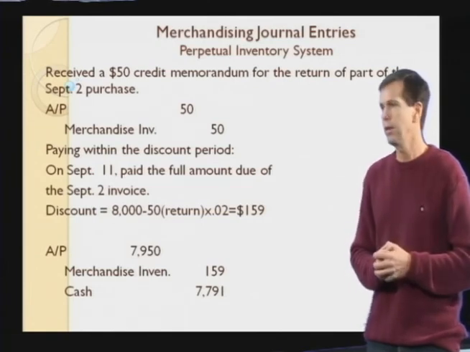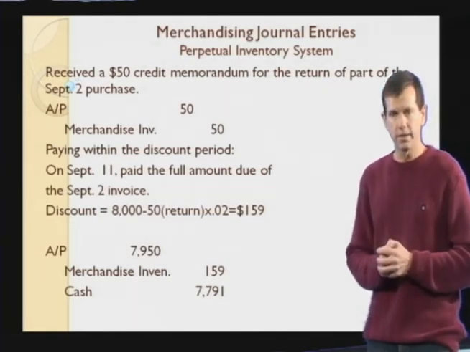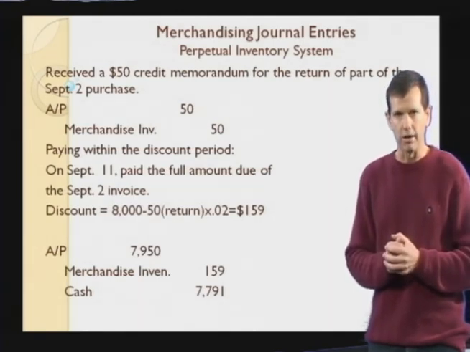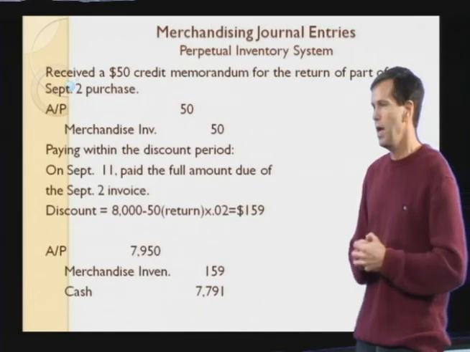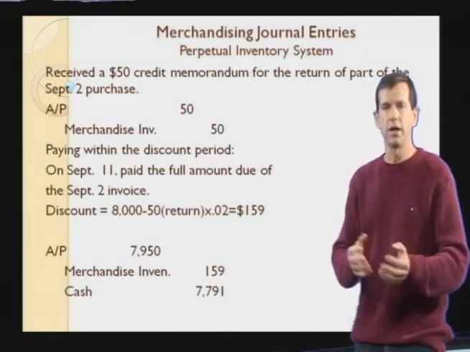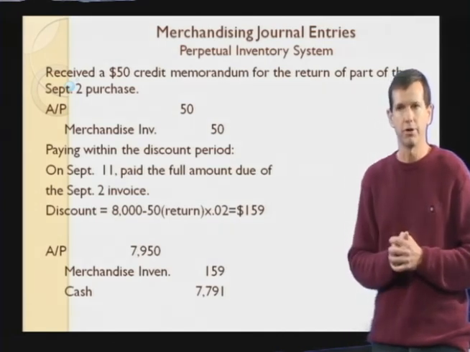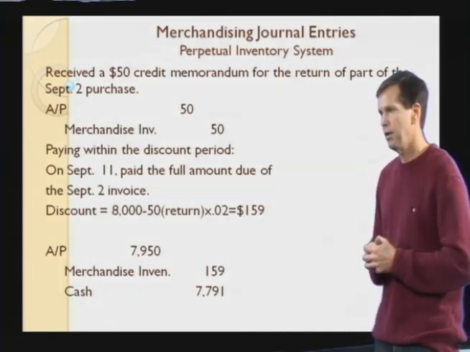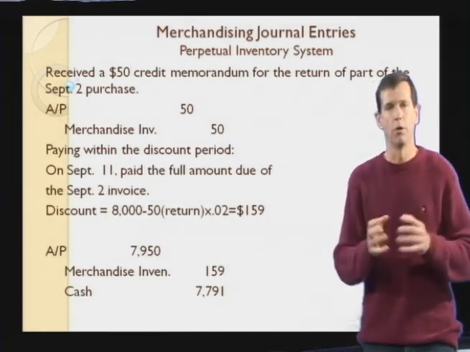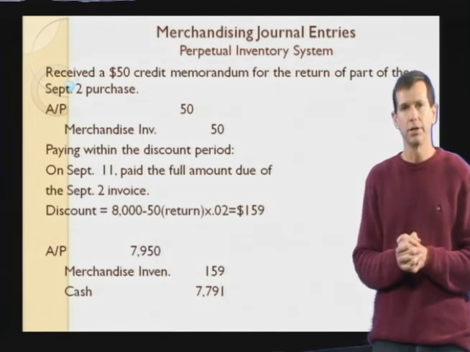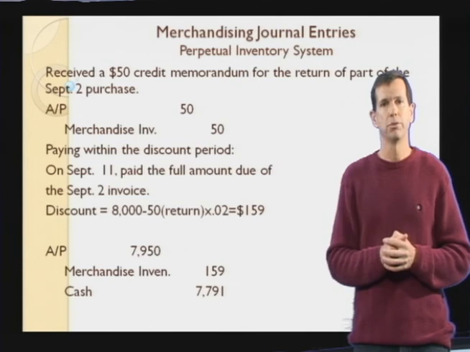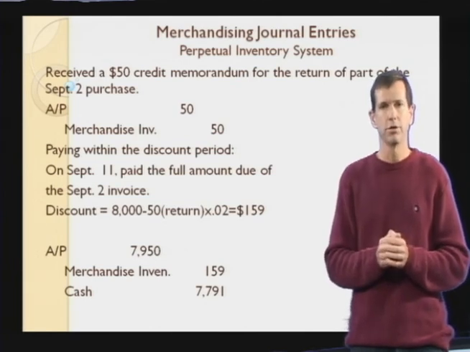Then you credit merchandise inventory for the amount of the discount, $159, and then the net amount is the amount of cash we have to pay, the $7,950 minus the $159 discount, so we credit cash for $7,791. I hope this helps you deal with merchandising companies. Typically, these are the only differences as far as journal entries between merchandising companies and service companies.